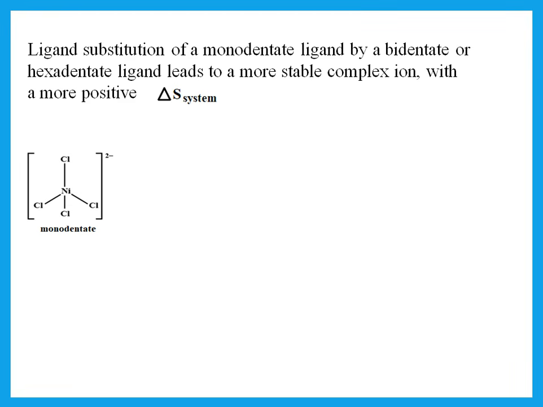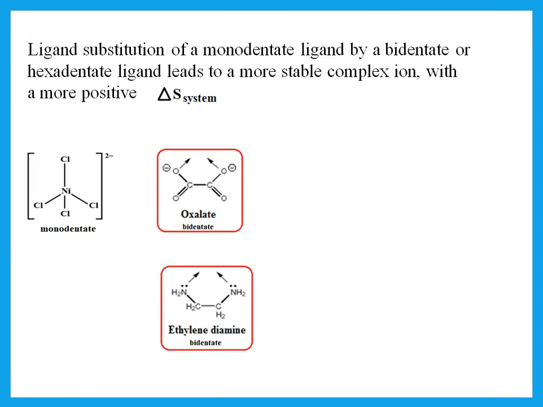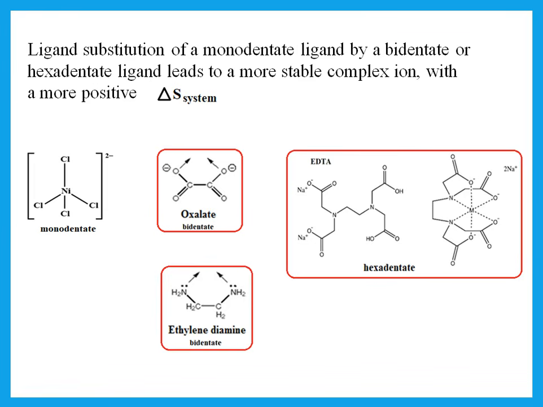So if I have a monodentate ligand, then I replace it with a bidentate, or I replace it with a hexadentate, then these will be more and more stable complex ions. So remember that a hexadentate is more stable than a bidentate, and these are more stable than a monodentate ligand.